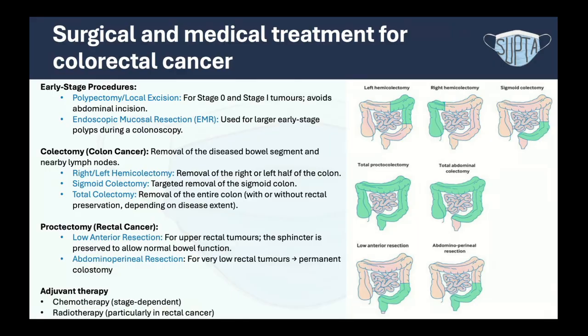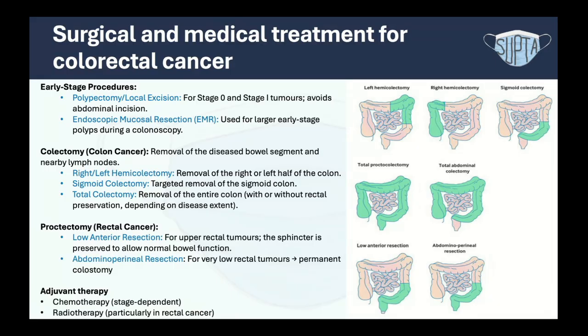Starting with early stage procedures. The goal here is to remove the cancerous or precancerous lesion while preserving as much of the normal tissue and function as possible. And these are often curative for very early cancers. So the first and most straightforward procedures are a polypectomy or a local excision.